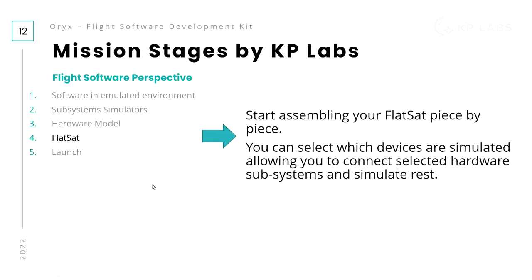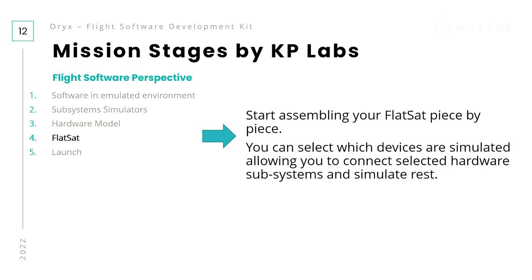So the next step is when you start receiving the actual hardware that connects to your onboard computer. For example, in Intuition One, we received the EPS two years into the project. So we had already been creating the software for two years, and only then did we receive the physical EPS that will be used on the mission.